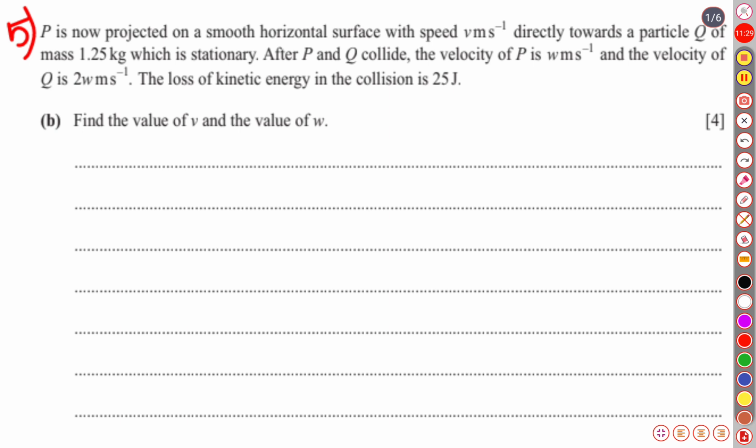From the previous solution, we have come to know that the mass of particle P is 0.5 kg. So let us apply, as this is the energy lost before and after collision, the concept of the conservation of momentum.